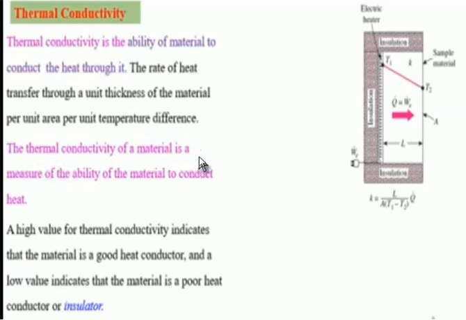The thermal conductivity of a material is the measure of the ability of a material to conduct heat. A high value of thermal conductivity indicates that the material is a good heat conductor.